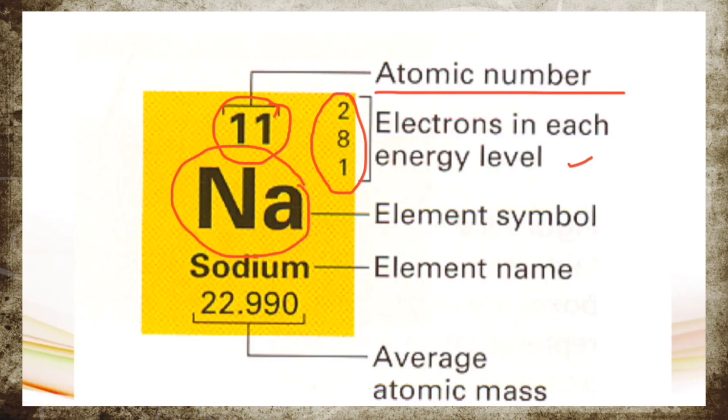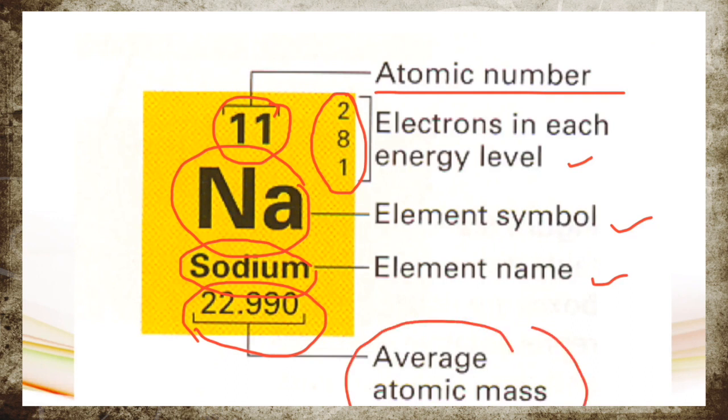The letters capital N and small a, Na, is the element symbol. And of course, the element's name is written below it. And you would see a number below, which is mostly in decimal. It's 22.99. If it is in decimal, it is what we call the average atomic mass.